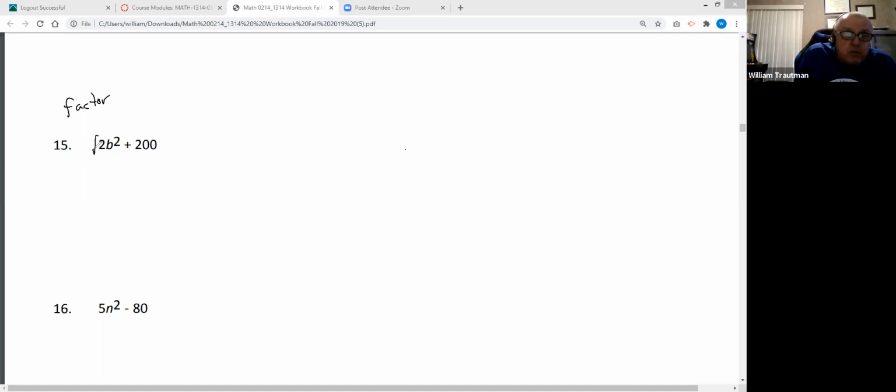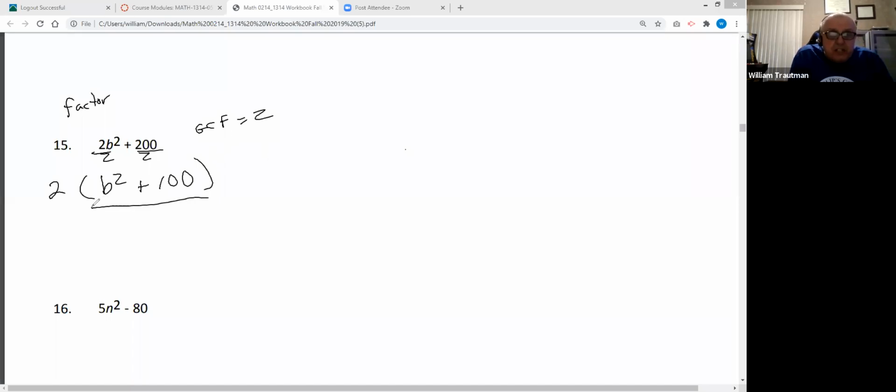Do you see the square root of 2 on your calculator is a decimal, so I can't do this. However, look at the GCF. The GCF equals 2. 2 divides into both of these. So if I divide them both by 2, then I'm left with 1b squared plus 100. Now try to factor this using the two-term method.